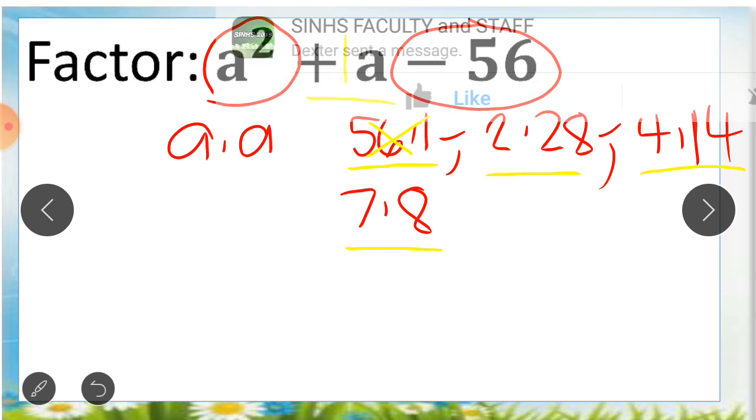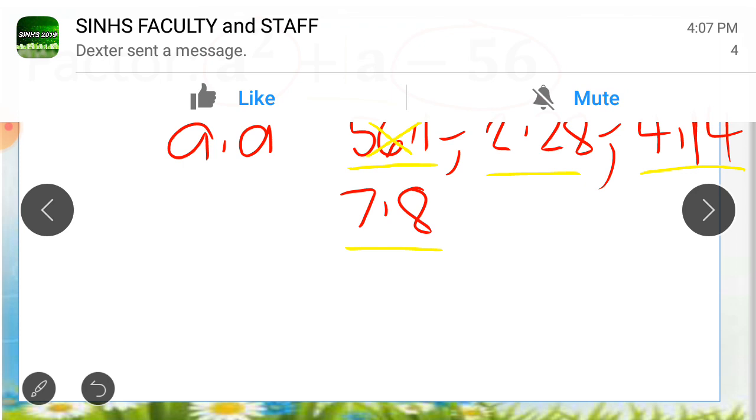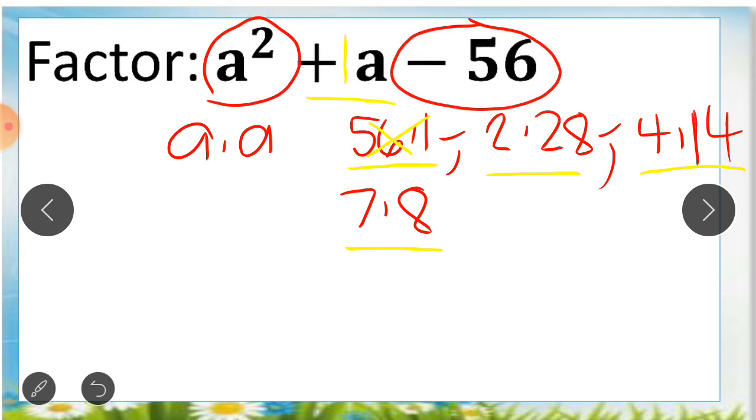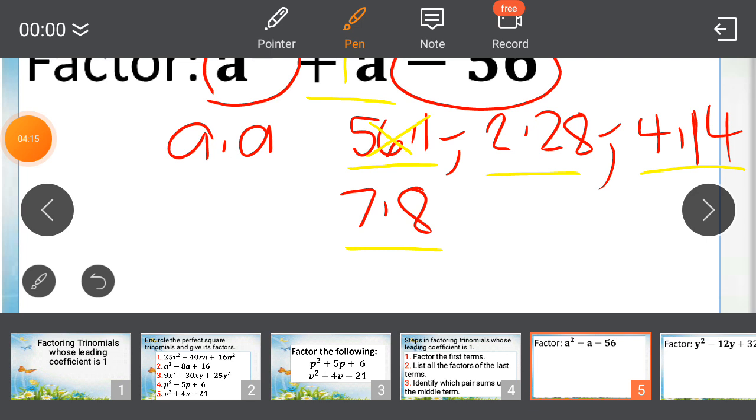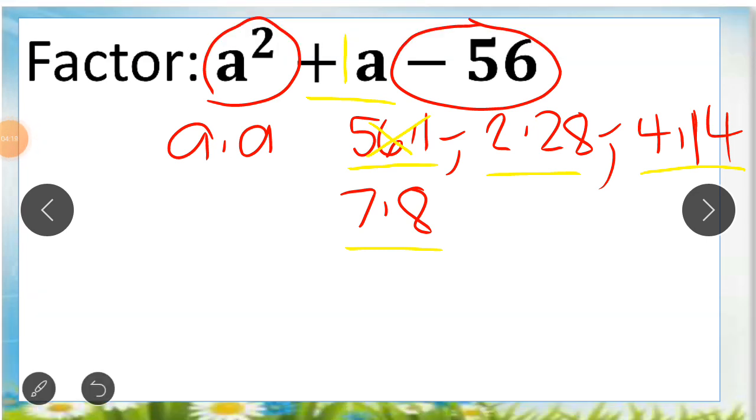That's not 2 times 28 because 28 plus 2 is 30 and 28 minus 2 is 26.